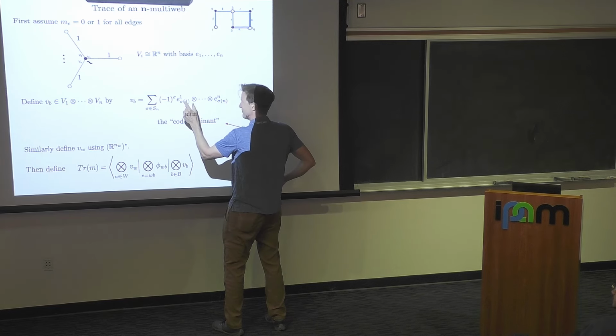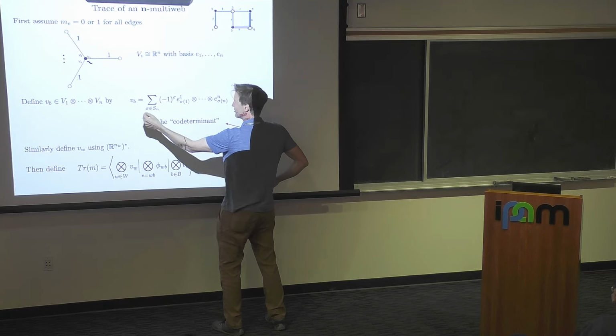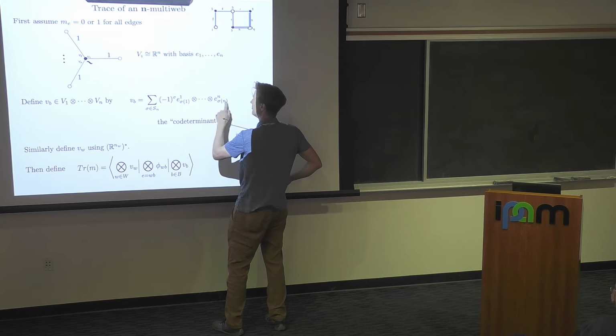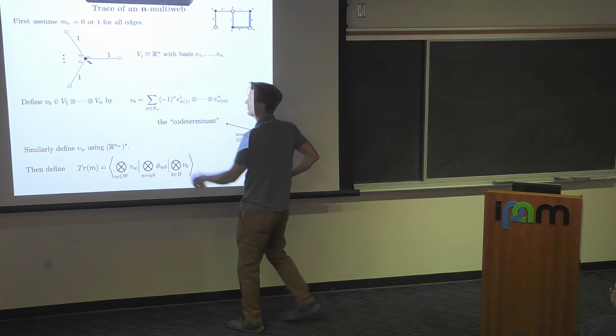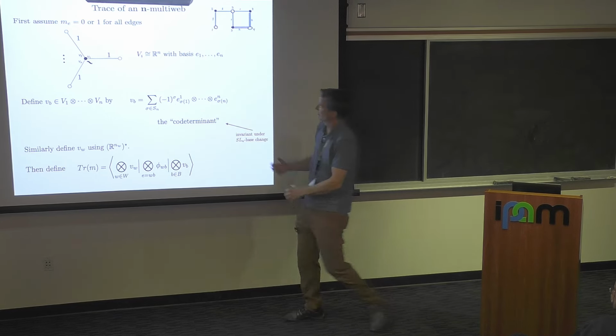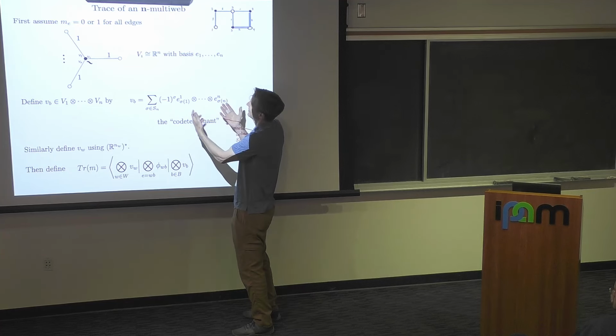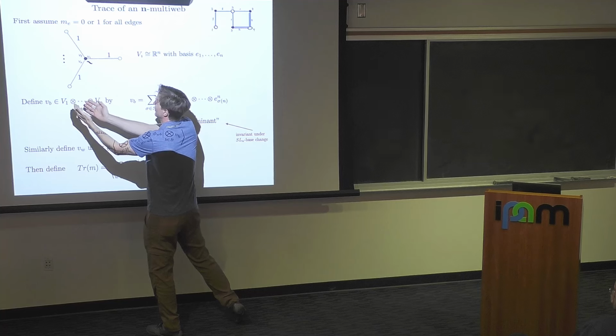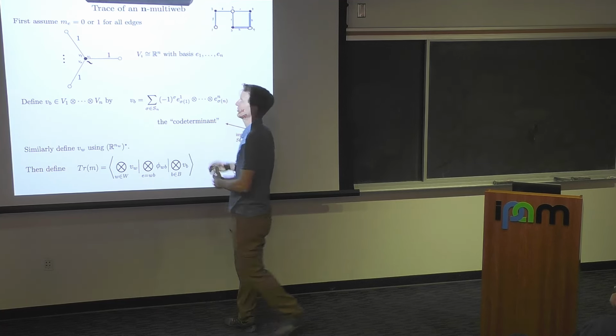You take the sigma 1 basis element of the first vector space, tensor the sigma 2 basis element of the second vector space, and so on, and then you multiply by the signature, and you sum. It looks kind of like a determinant, but it's not, because it's an element of this big tensor product.